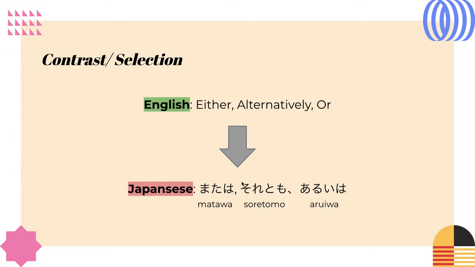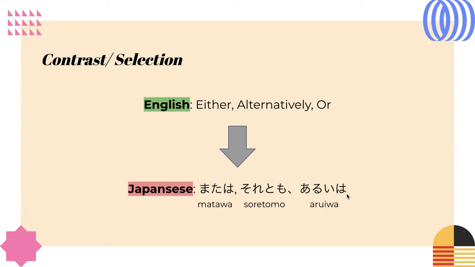But in Japanese, we use または、それとも、あるいは。 As I explained in a previous video, there's no direct translation for each vocabulary, so all 3 of these English words would apply to every phrase.